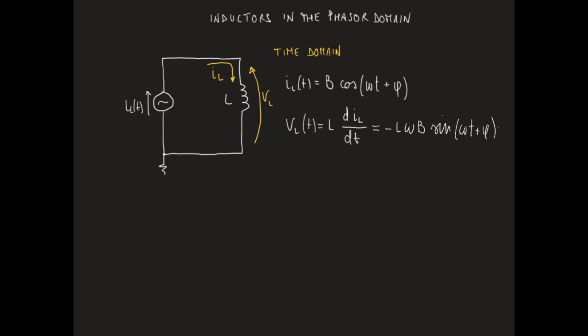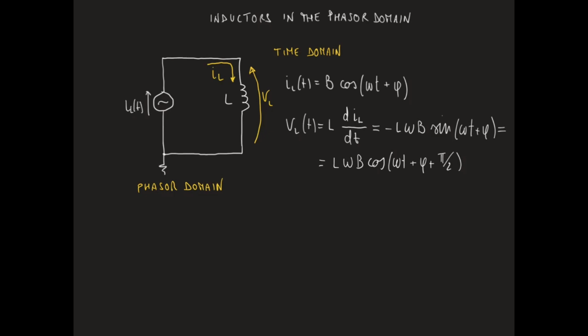This expression, according to well-known trigonometric identities, can be written also as L omega B, the cosine of omega t plus phi plus pi by 2.